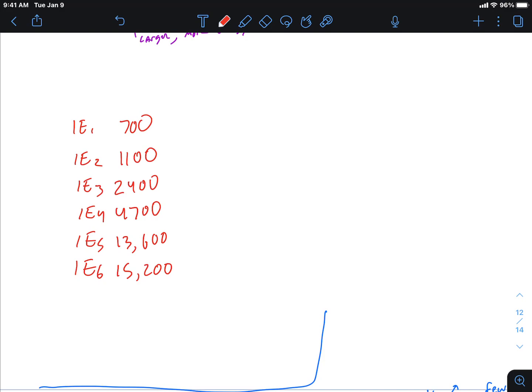I took an element and I removed 6 electrons from it. Based on how much energy it took to remove each of those, how many valence electrons did this element have?